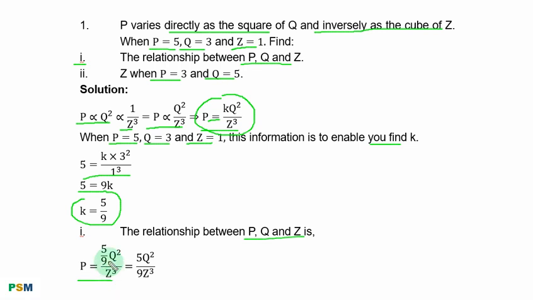When you divide, 9 comes to meet Z cube. You have it in this form as the relationship between P, Q, and Z.